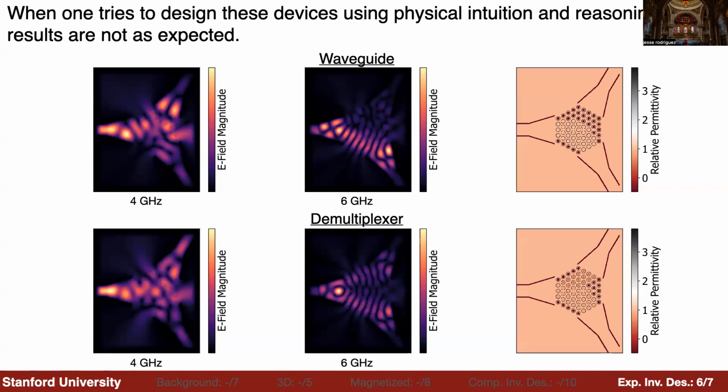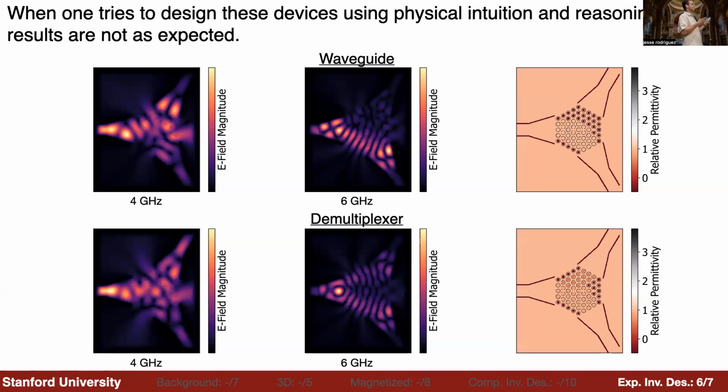Then you would create this path, this vacuum index path, through there. You would expect this to perform better for lower frequencies, because from the lower frequency's perspective the plasma is more metallic and reflects more. But actually at a lower frequency, it leaks into the incorrect waveguide even more.